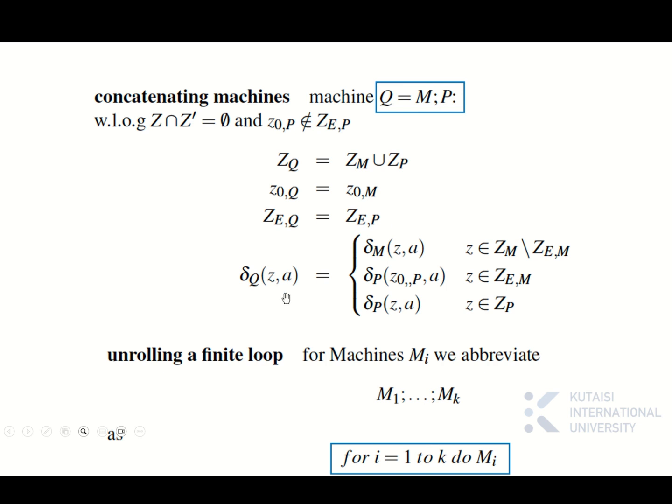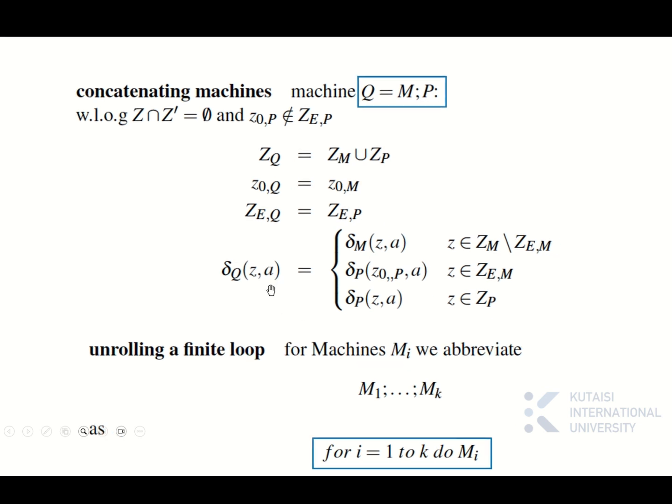And now the transition function, this is also very intuitive. Let's say I'm in state Z and I'm reading A. If my state Z was not an end state of M, I do as M would do. If it's an end state of M, I have to go to the start state of P. That's the idea, as we did with DFA.